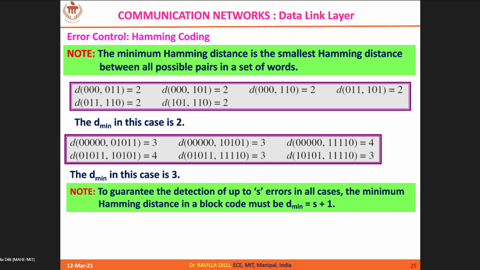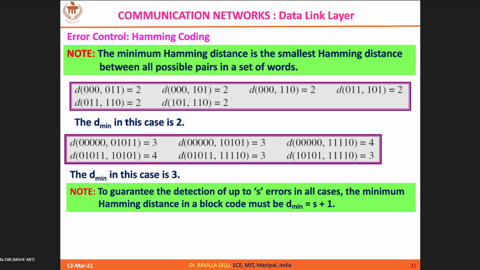So how does it help you to guarantee the detection of up to S errors? In all cases, the minimum Hamming distance should be S plus 1. In other words, if you know the minimum Hamming distance, then the minimum Hamming distance minus 1 gives the number of errors that I can detect.